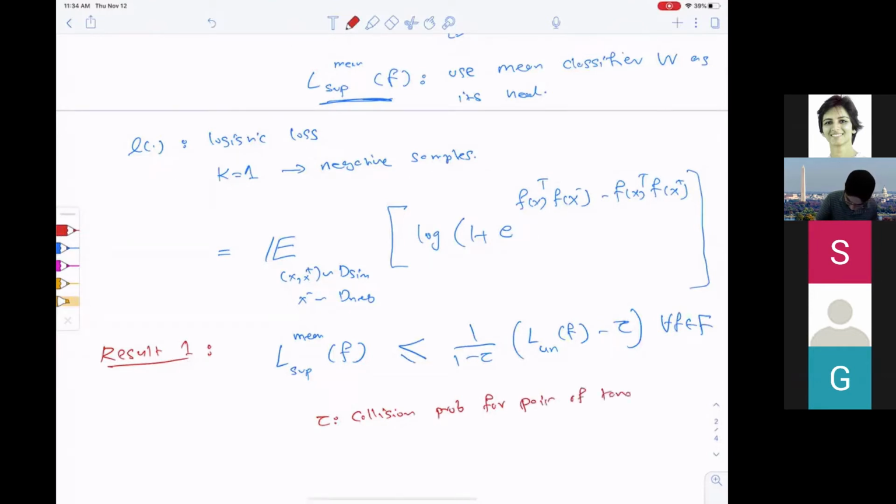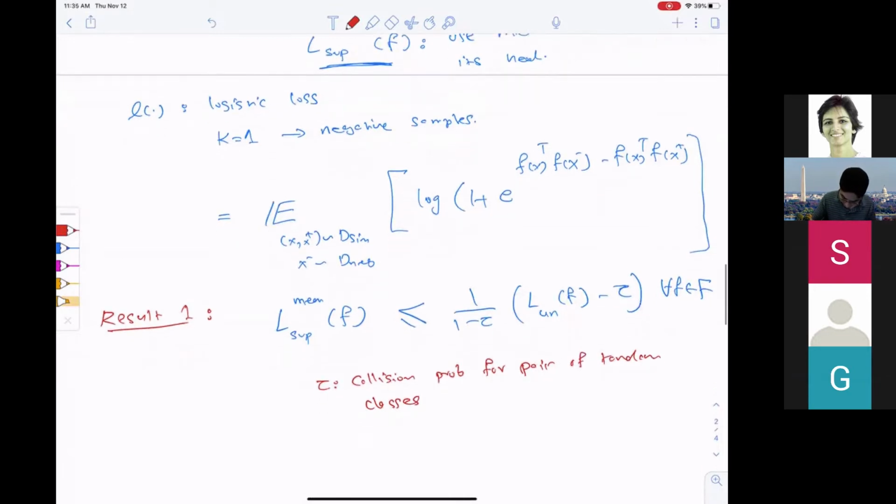As I mentioned, in the definition of similar and dissimilar pairs, classes can be overlapping. Tau indicates the collision probability. It is usually small, right? So if tau is small, what you get on the left-hand side is your unsupervised loss: you train F, and then you train an optimal linear classifier on top of it.